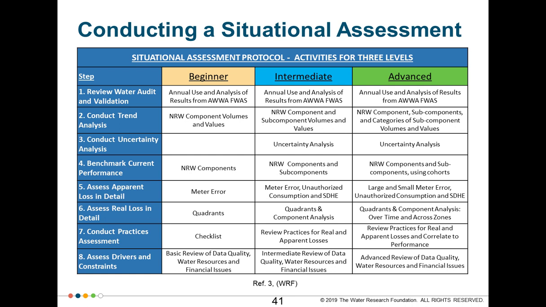In step 7, a utility will review its existing water loss control practices, initially working off a checklist or assisted by the validity grading matrix included in AWWA's free water audit software. Intermediate and advanced utilities will progress to detailed evaluation of intervention methods and correlation with observed and documented performance.